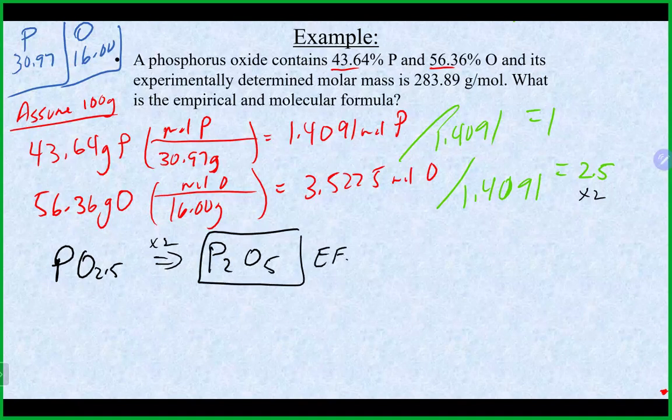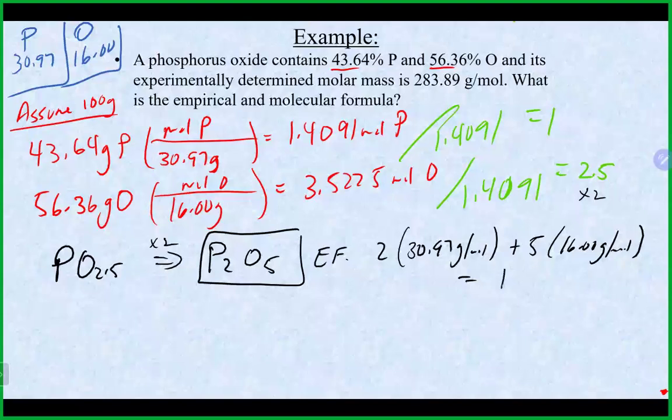Now that we do have the empirical formula, we could get the molar mass of our empirical formula here, which would be 2 times 30.97 plus 5 times 16. And that's going to get us about 141.9.